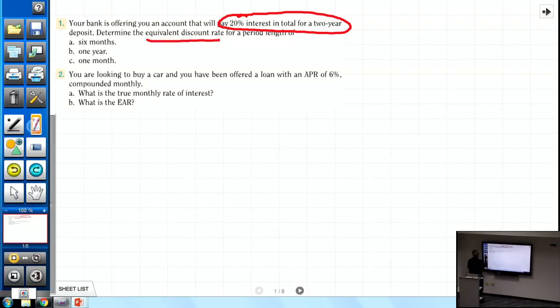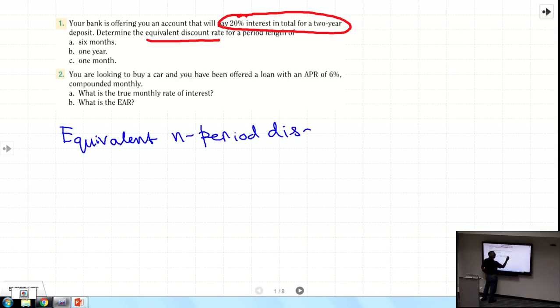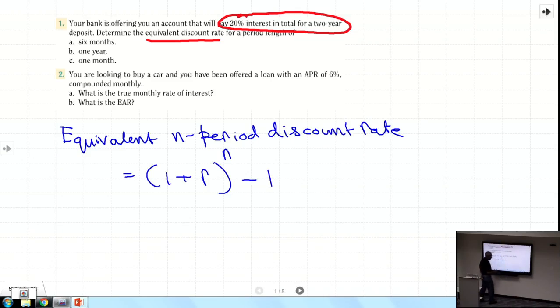for different time periods? If we look at the formula on page 129, 5.1, equivalent n period discount rate: equivalent discount rate is 1 plus the 1 year discount rate to the power n, minus 1.